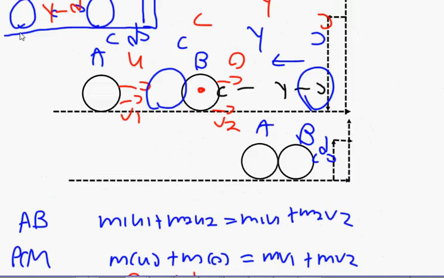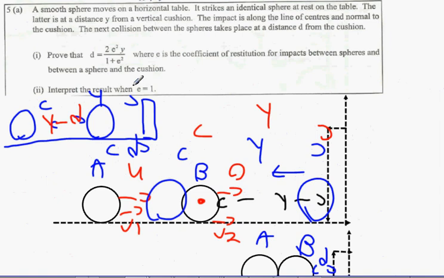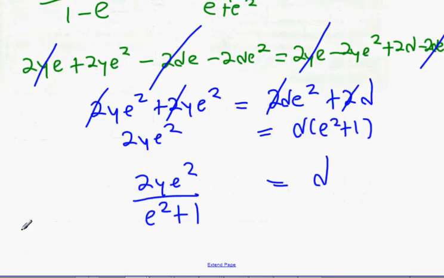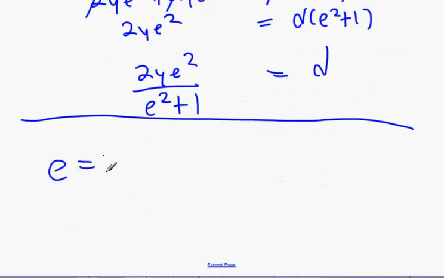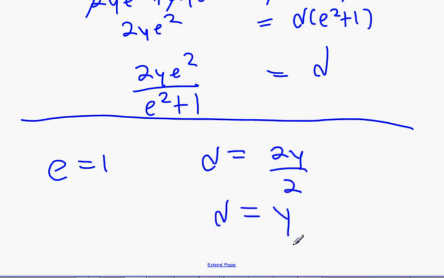Okay guys, next part then, interpret the result when e equals 1. When e equals 1, d equals 2y over 2, d equals y. Huh? Does that mean the first particle stops when it hits the second?